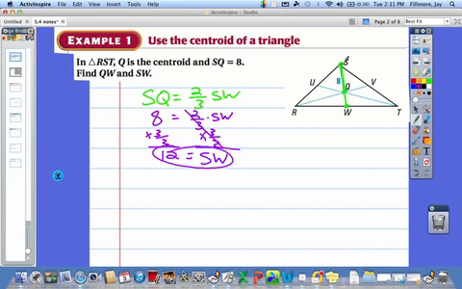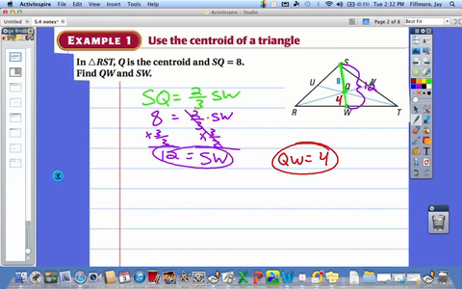So this whole thing is going to be 12. 8 is 2/3 of 12. And to find this missing piece, if the whole thing is 12 and this piece is 8, the other remaining piece must be 4, because 12 minus 8 equals 4. So our other piece, QW, is going to be 4. Simple segment addition postulate. We did that way back in chapter 1. So there's an example. Again, 8 is 2/3 of SW, so we know SW must be 12.